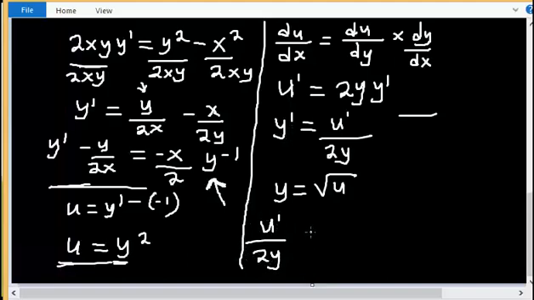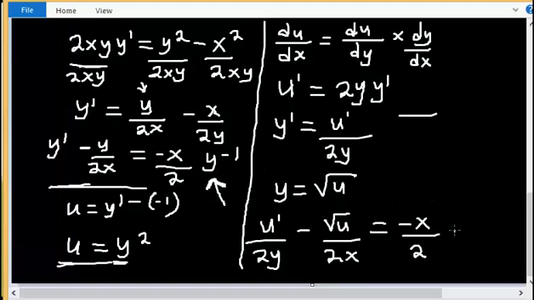Going forward, the next is minus y, which of course is the square root of u, divided by 2x, equal to minus x all over 2, then multiplied by the reciprocal of y.